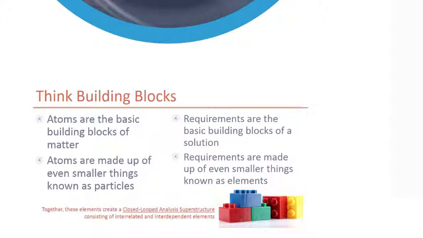Requirements are made up of even smaller things known as elements, and we'll take a look at what those elements are a little bit later on. So together, for me, these elements create a closed, looped analysis superstructure consisting of interrelated and interdependent parts. We'll take a look at what those things are as we go through this overview.